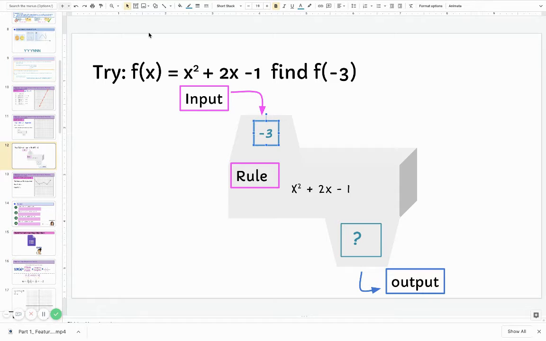So -3 squared is positive 9. And then we add that to 2 times -3. So 2 times -3 is -6. So now that puts us at an answer of 3. And then we minus 1 to get 2. Okay, so our output would be positive 2.